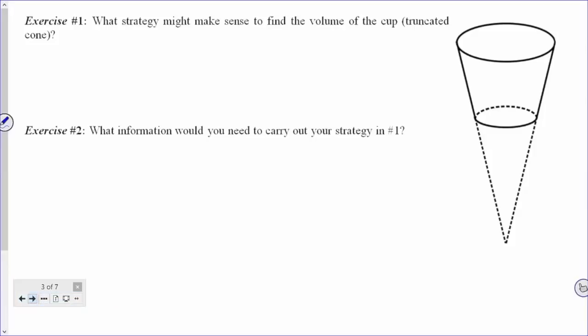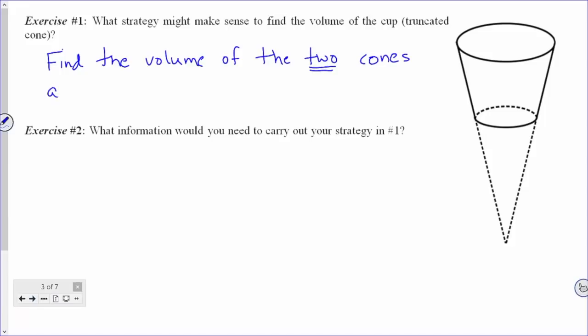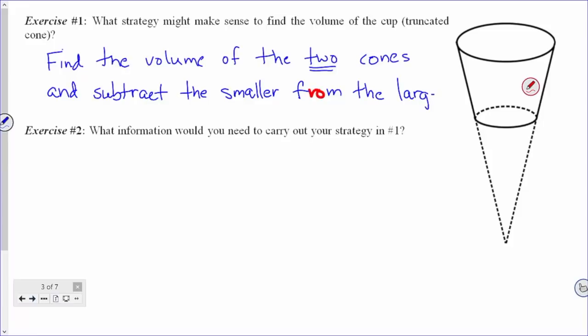So we're going to find the volume of the two cones and subtract the smaller from the larger.